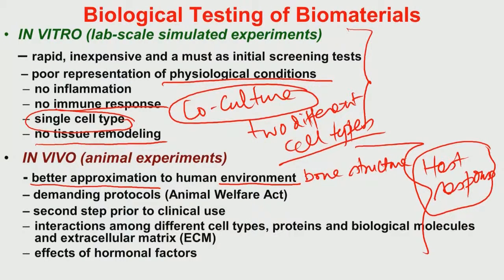Natural bone has slightly different variation in terms of the composition as well as the properties and certain characteristics. Now, several animal models are used, but out of them, 3 animal models I must mention which closely mimic the human bone structure. One is the dog, the second is the sheep, and the third is the pig.